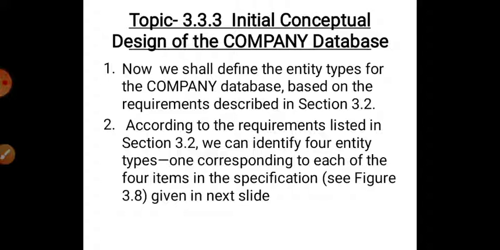Point number 2. According to the requirements listed in section 3.2 that I have sent earlier as a session, we can identify four entity types, one corresponding to each of the four items in the specification. See figure 3.8, which I have given in the next slide.